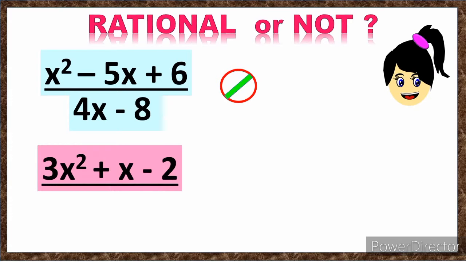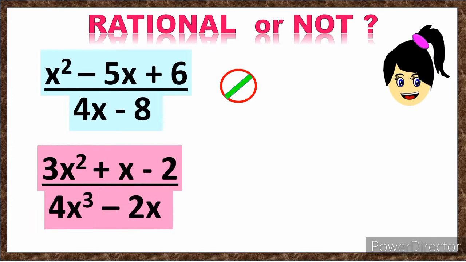Okay, next example, we have 3x squared plus x minus 2 over 4x cubed minus 2x. Okay, observe that two polynomials, both numerator and denominator, have a positive exponent, no fractional, and no variable in the denominator. Therefore, this is rational algebraic expressions.